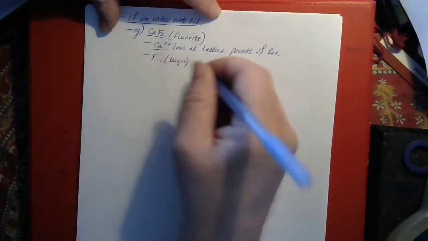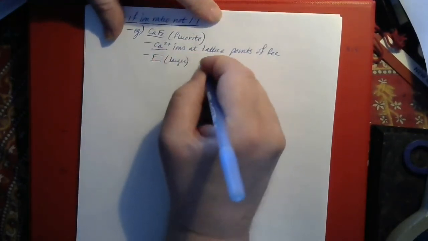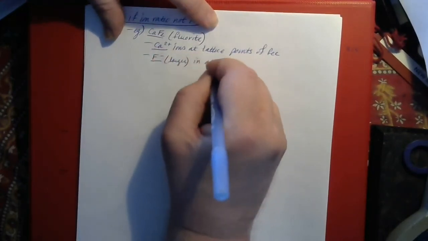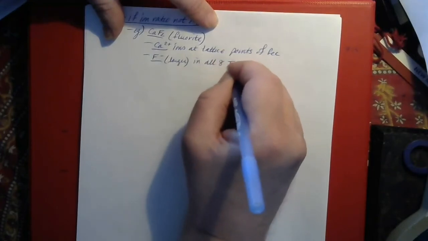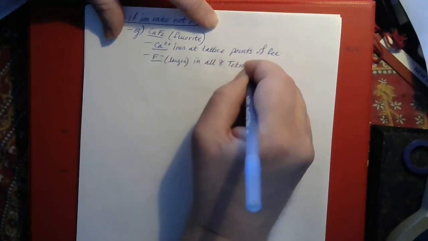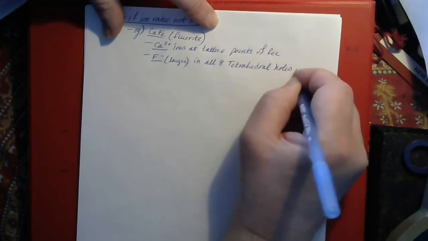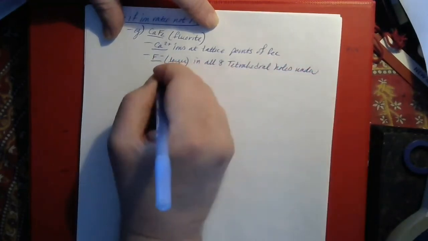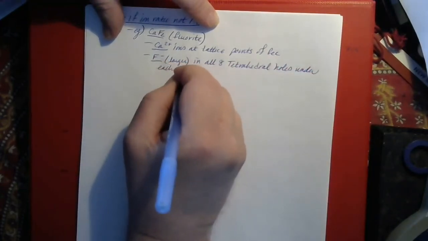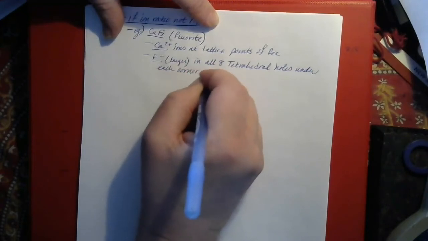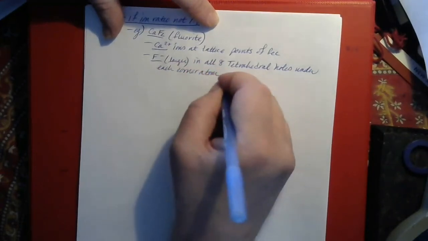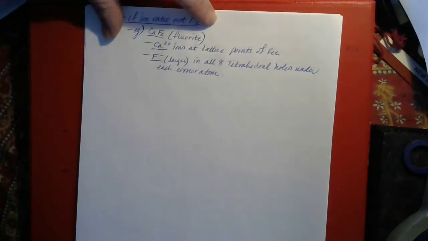Fluoride ions are larger, and they're in all 8 tetrahedral holes. Again, a tetrahedral hole is just the space where you have 1 atom above and 3 atoms below.